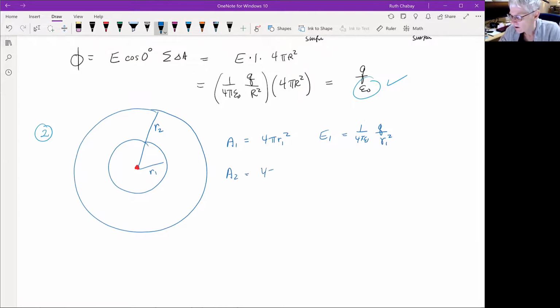A2 is 4 pi R2 squared, but the electric field is smaller. It's 1 over 4 pi epsilon 0 q over R2 squared. And you can see that the area goes up by r squared, the field goes down by r squared, and they cancel out, so the size doesn't matter.